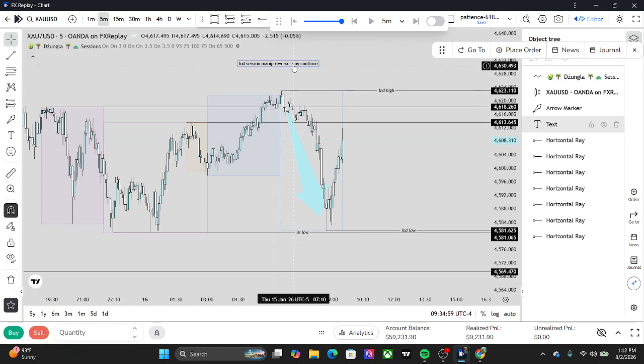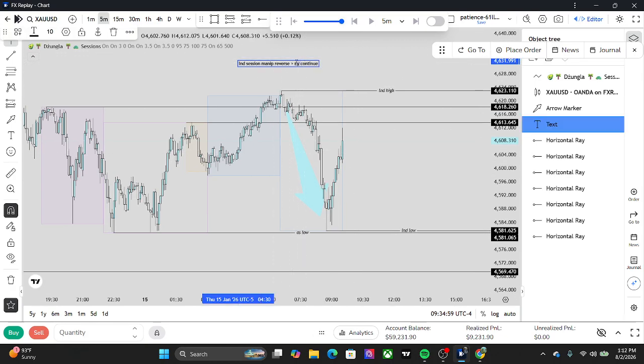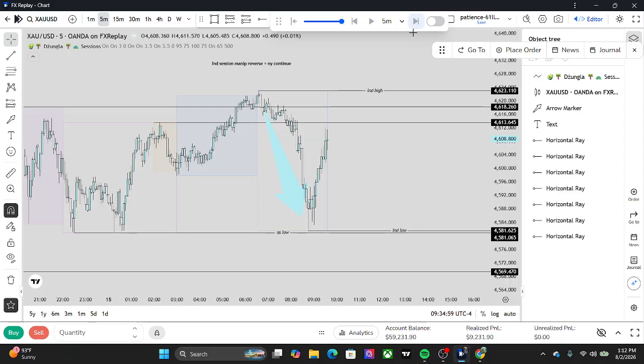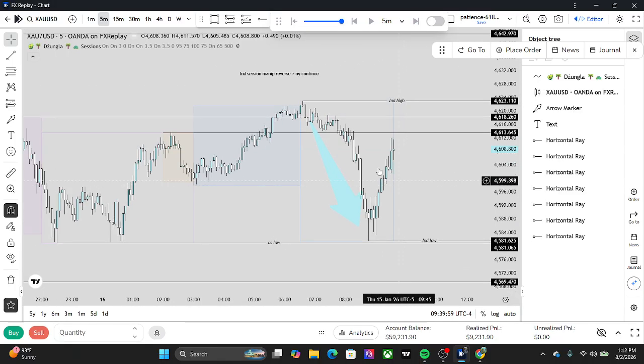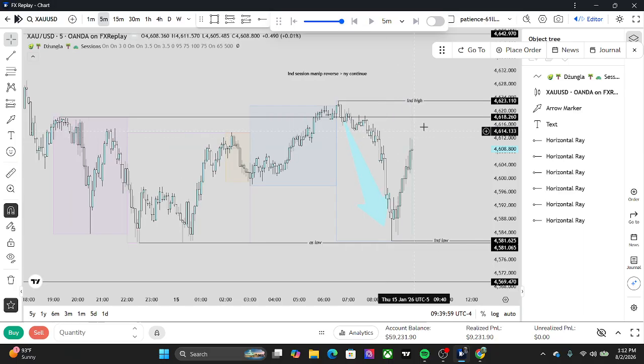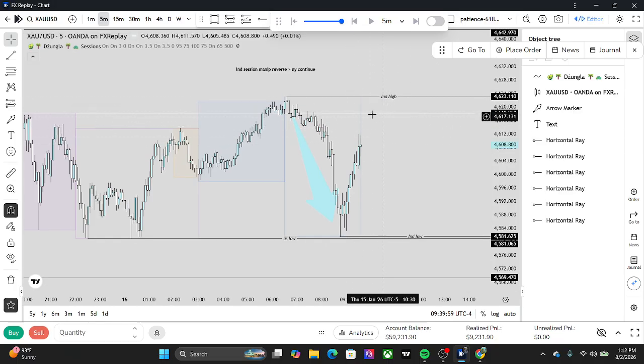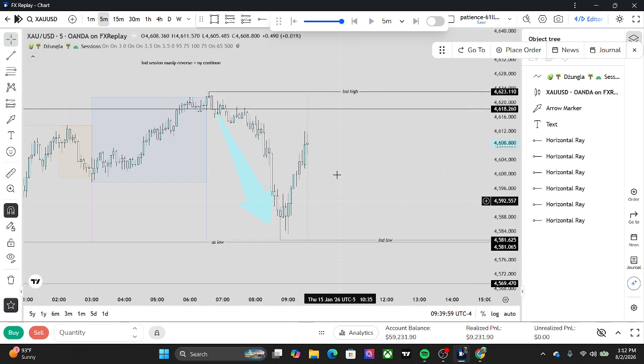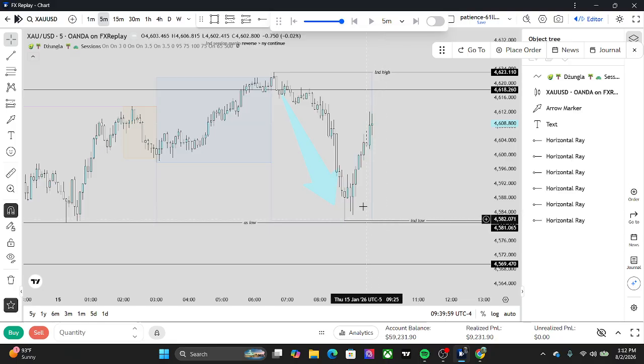We also want some sort of manipulation in New York session. This next session that just started, 9:30, 9:35, is New York session. So after sweeping these, we want to manipulate some sort of high or get some sort of retracement before continuing lower to get down to these draws.